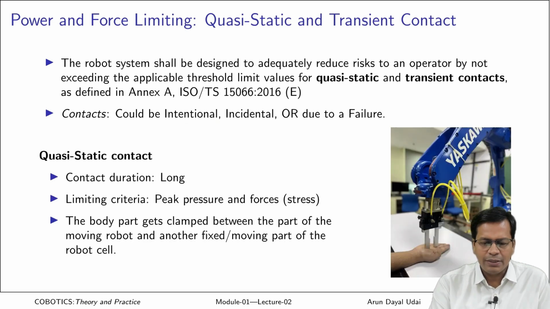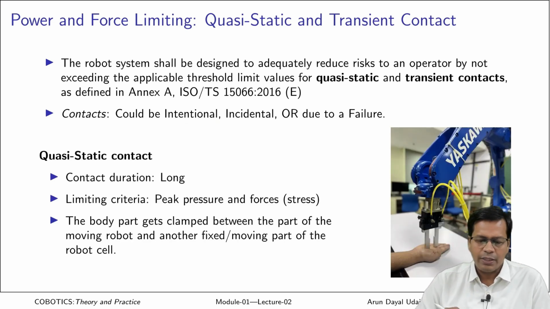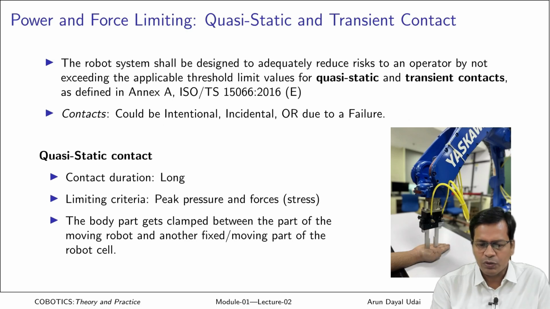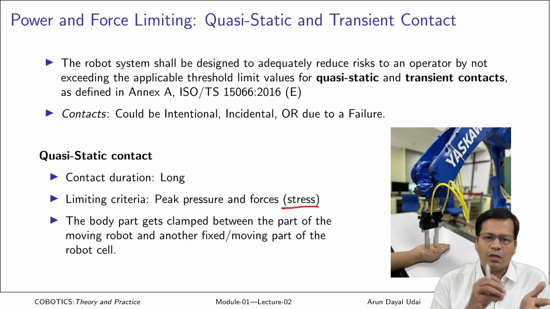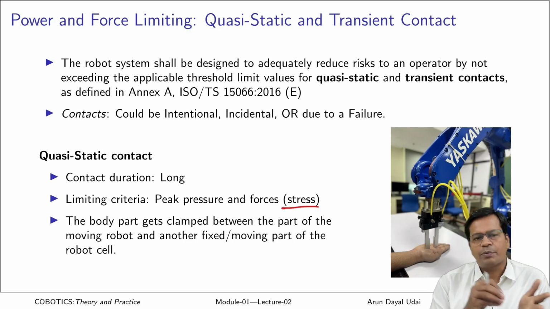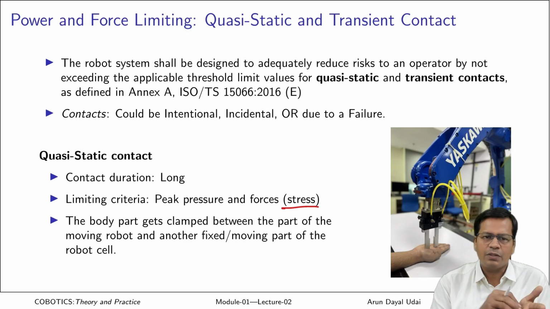So, what exactly is quasi-static contact? This type of contact is normally of longer duration. The limiting criteria are peak pressure and forces, which basically produce stress on the person with whom it is in contact, right.